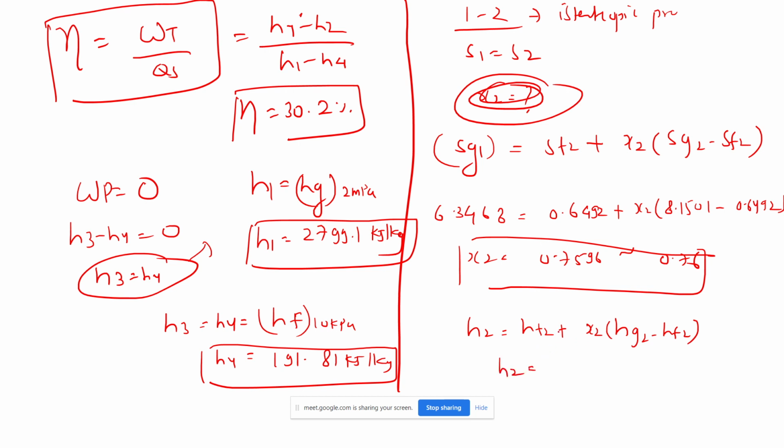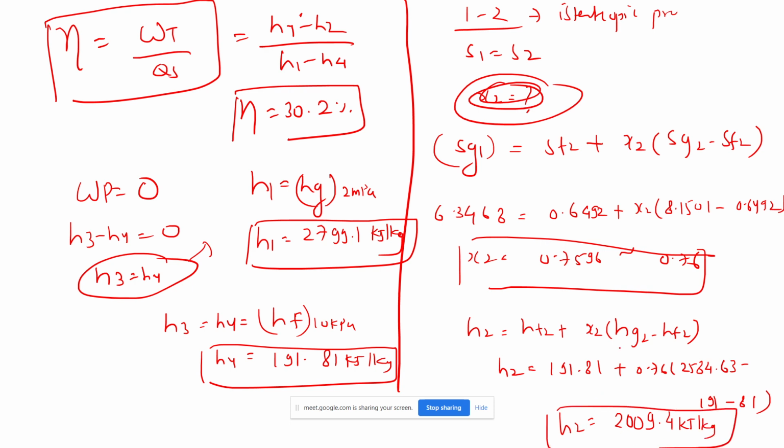What is the enthalpy you have got? 2009.369. Now just put these values, H1, H2, H4, and you will get the efficiency, that will be 30.2 percent. We can do that.